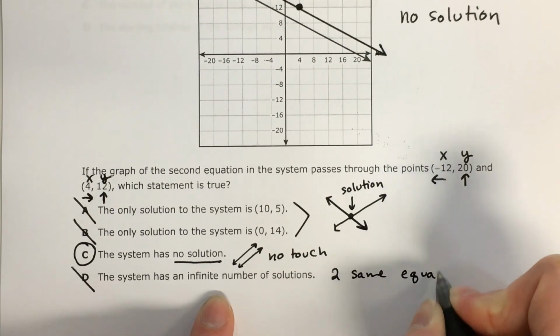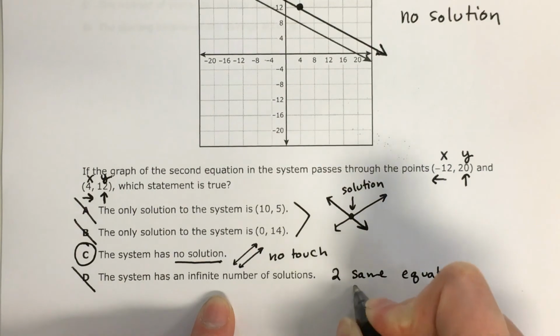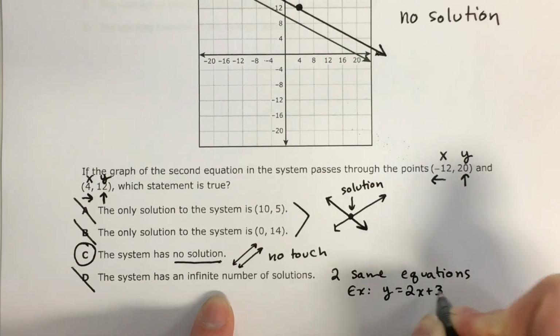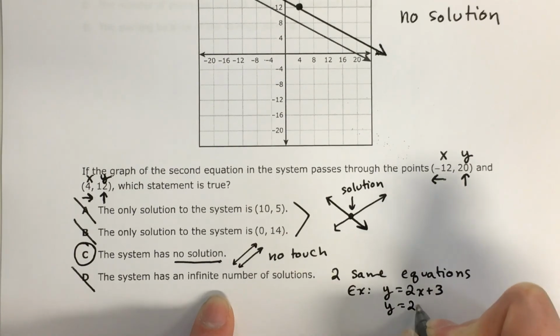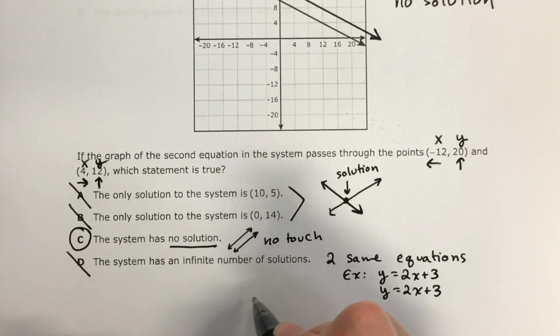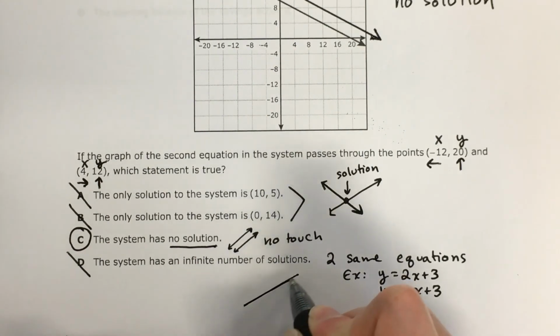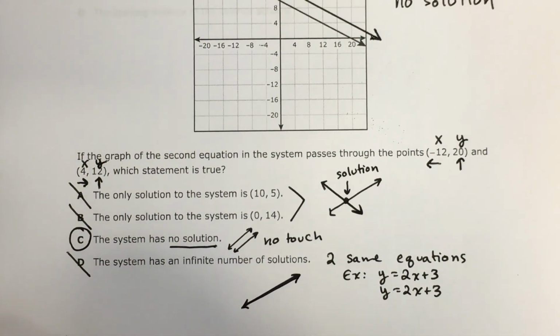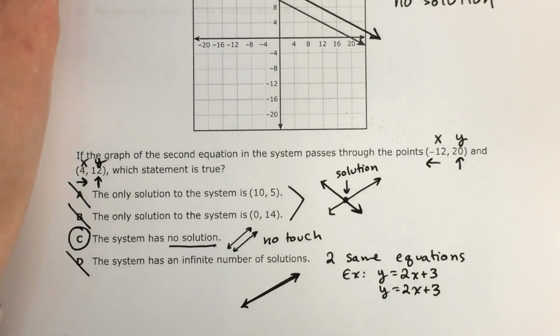So you need two equations that are the same. For example, y = 2x + 3 and y = 2x + 3. What happens in this case is you have two lines, but they are in the same place, so it looks like you have only one line. Okay, but the answer is C, no solution.